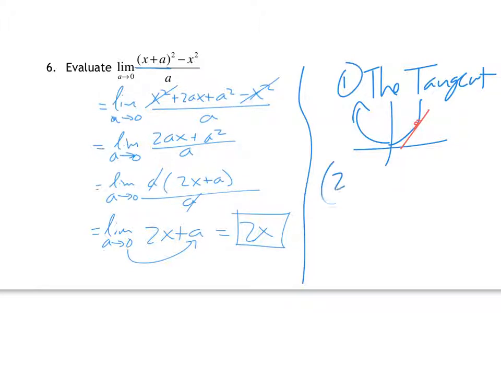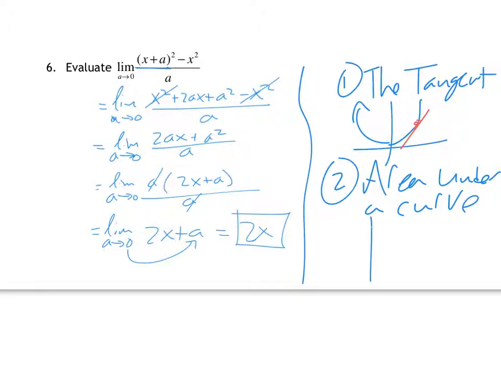And then the second question was the area under a curve. That's a question that calculus answers. So that's where we started: the tangent line and the area under a curve. Those are the 2 things, and we use the limits that we'll need to find those.